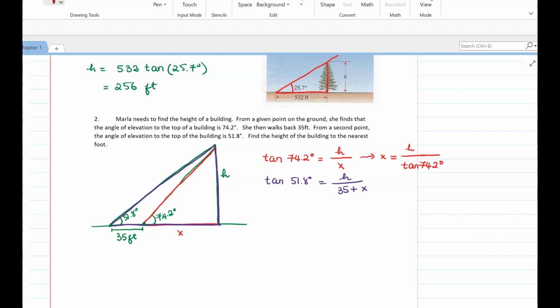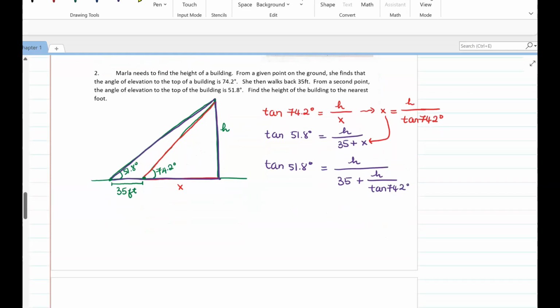I will substitute this value into the second equation to get tangent of 51.8 degrees equals h divided by 35 plus h divided by tangent of 74.2 degrees.